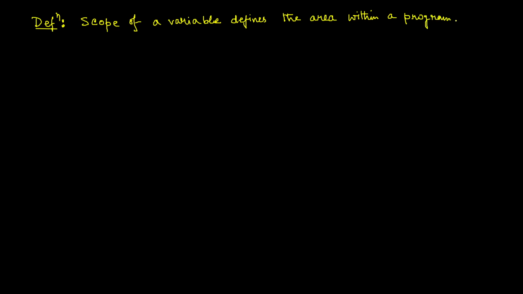So let's define it first. Scope of a variable defines the area within the program where the variable can be accessed.